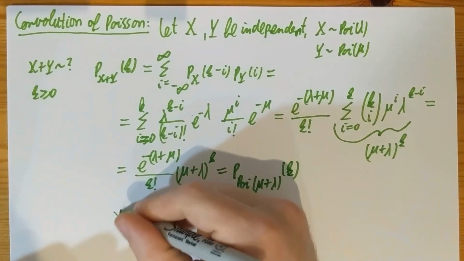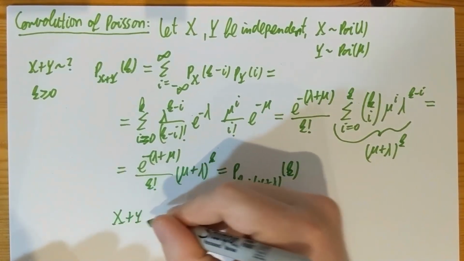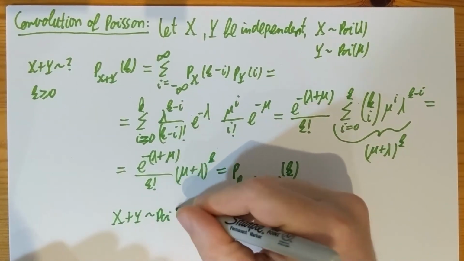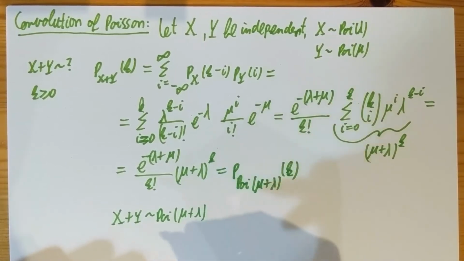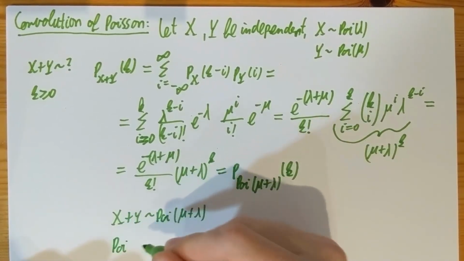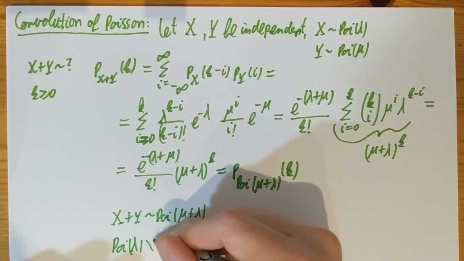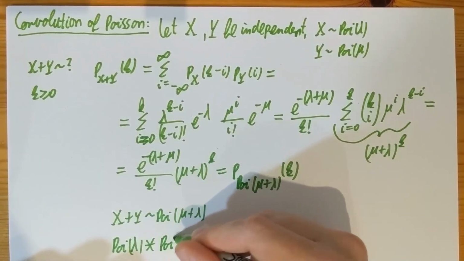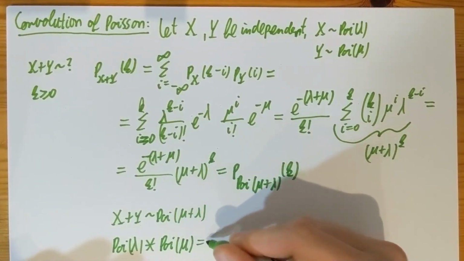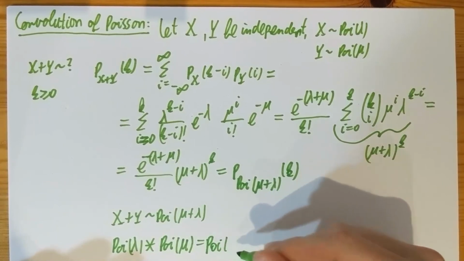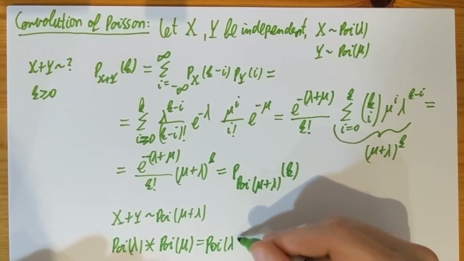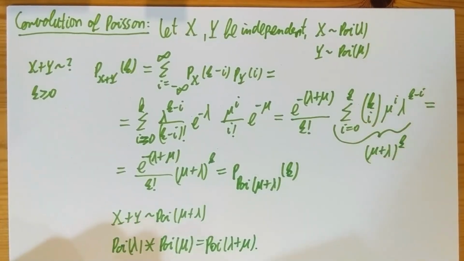So the conclusion is that X plus Y is Poisson mu plus lambda, or in a slightly different notation, Poisson lambda convolved with Poisson mu is Poisson mu plus lambda or lambda plus mu, doesn't matter.